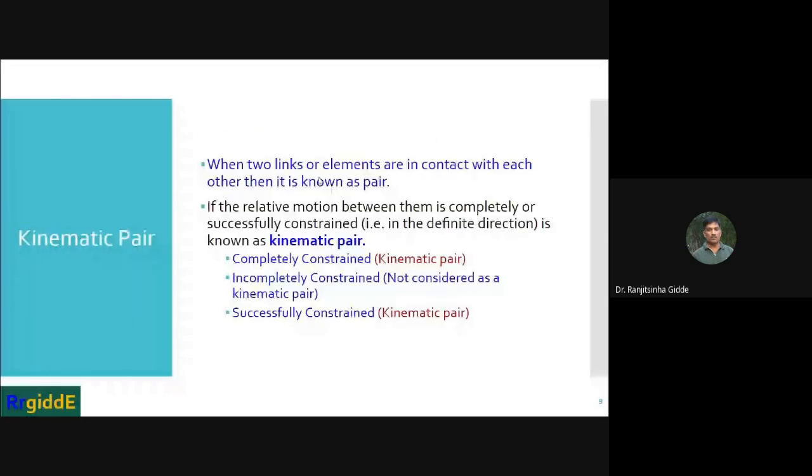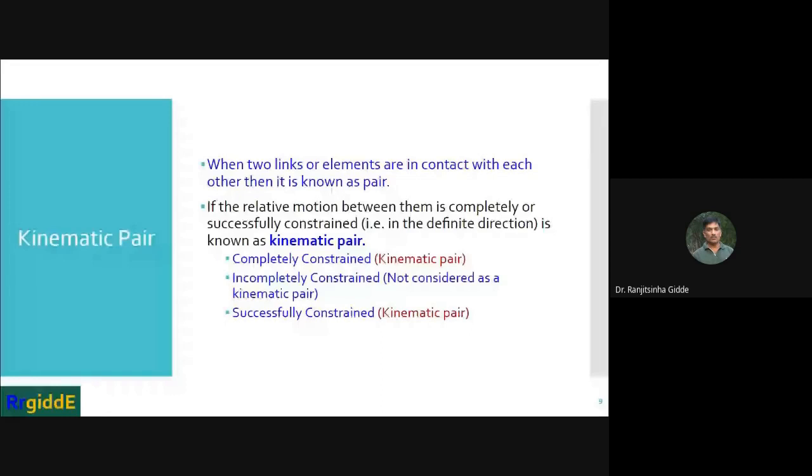When two links or elements are in contact with each other, it is known as a pair. And if the motion between them is constrained successfully, so that there is one definite direction of motion, then it is called a kinematic pair.